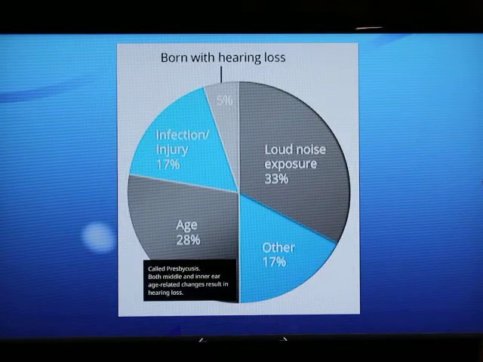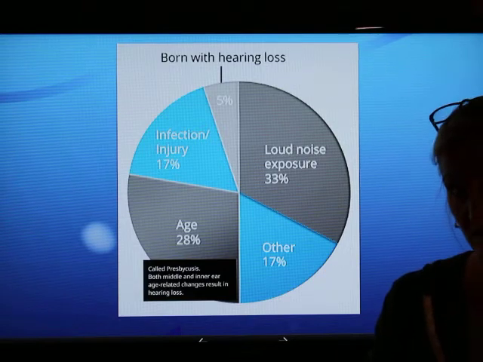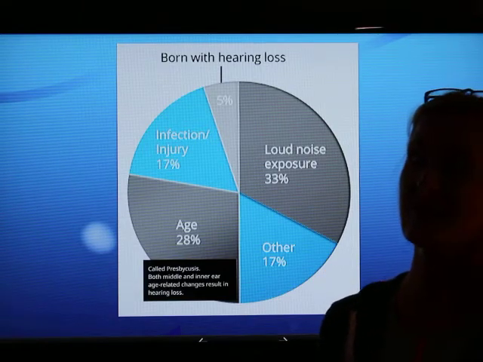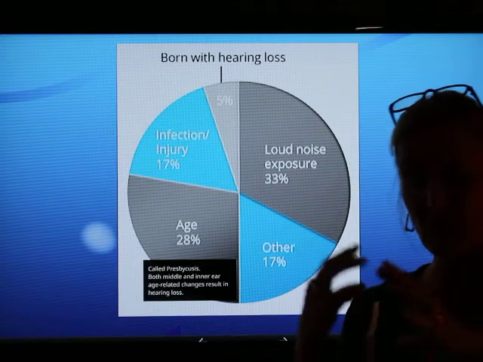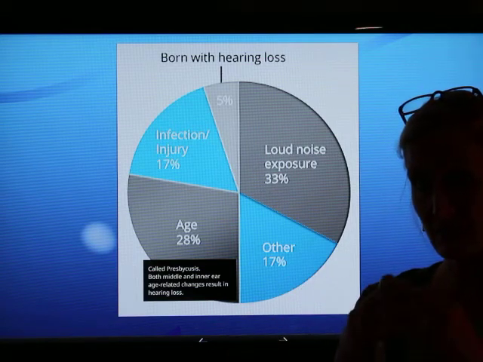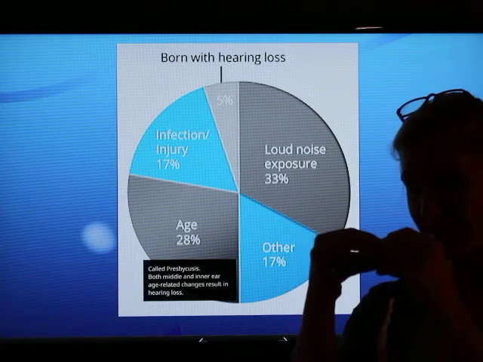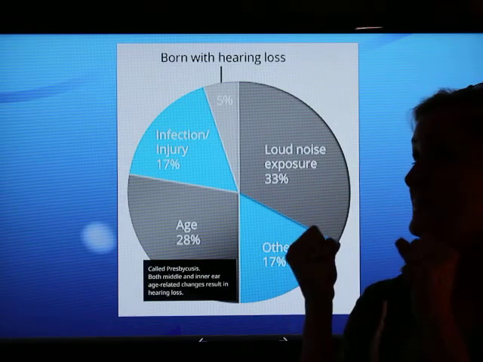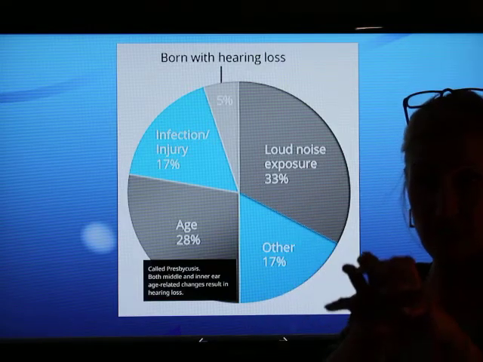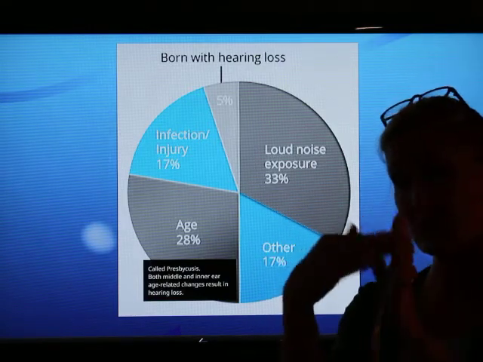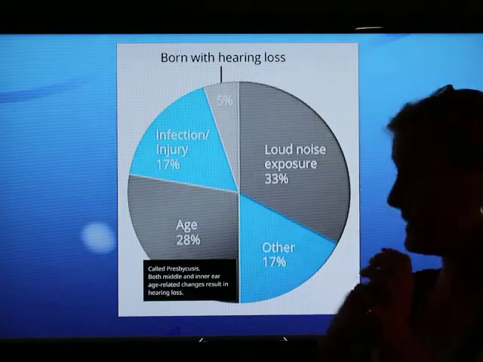to permanent hearing loss. Age accounts for about 28% of people who have hearing loss, because as people age, those bones tend to get ankylosed. The word it would be stiff or tight, like they could get an overgrowth of bone around the stapes, so those bones, the malleus, incus, and stapes don't move like they're supposed to.